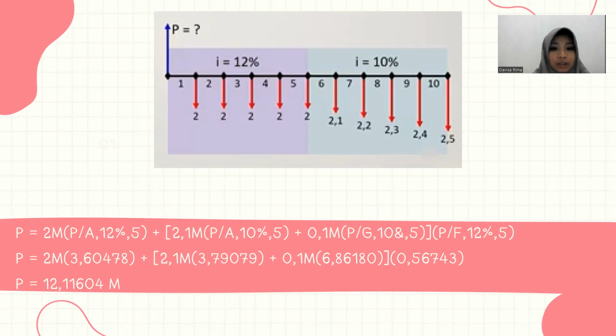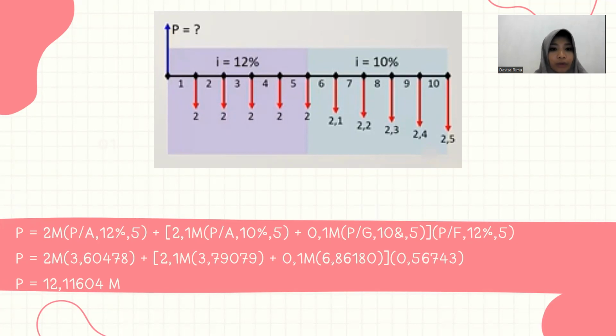To complete the cash flow, we can divide it into a uniform cash flow of 2.1 billion for 5 years and an arithmetic gradient cash flow with a constant increase of 100 million every year.